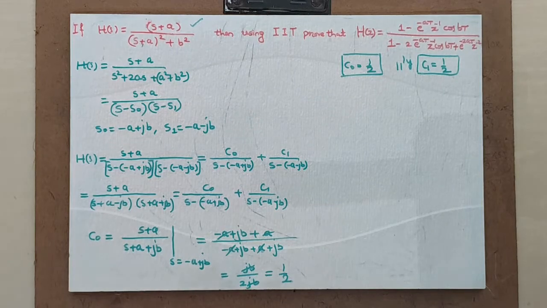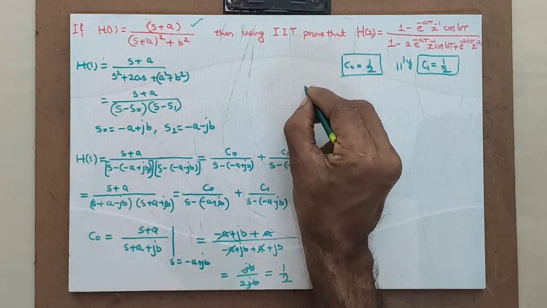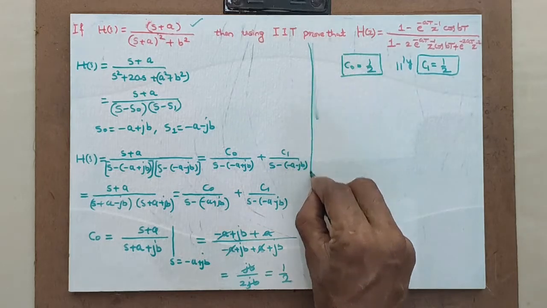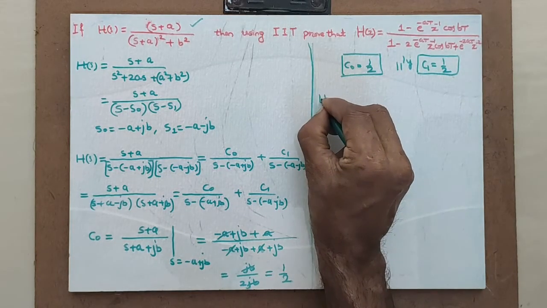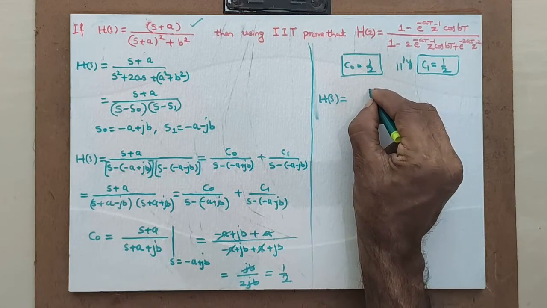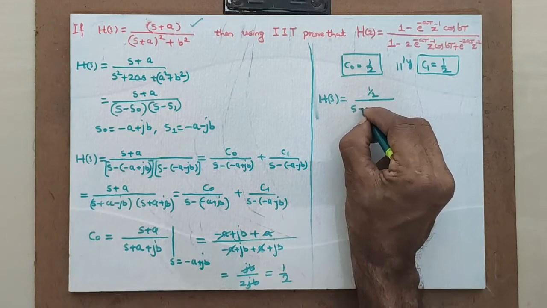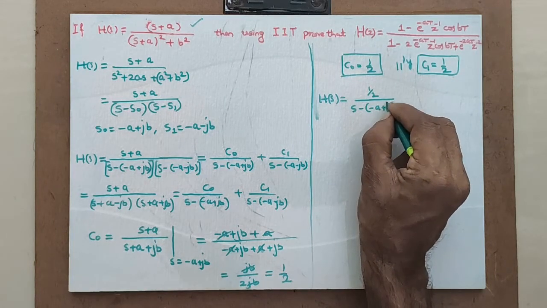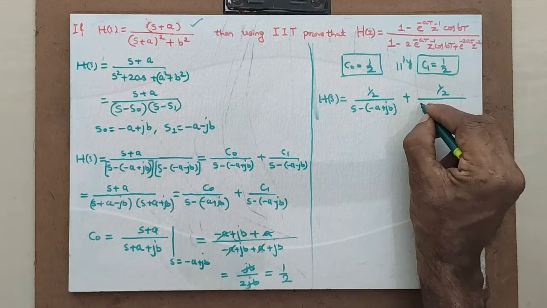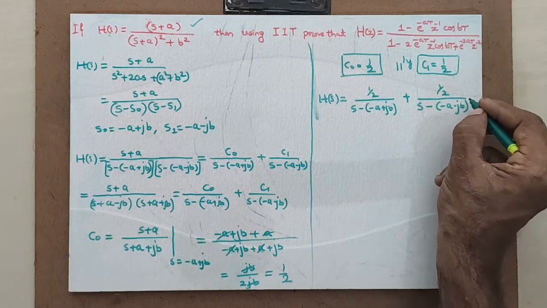Now, once you have c naught and c1, I can write down h of s. H of s is equal to half divided by s minus s naught, where s naught is minus a plus jb, plus half divided by s minus s1, where s1 is minus a minus jb, right?